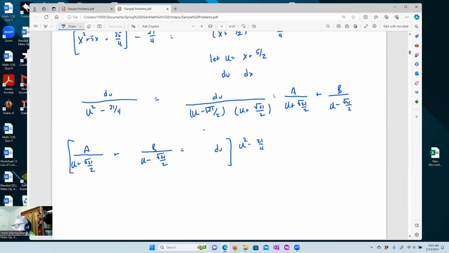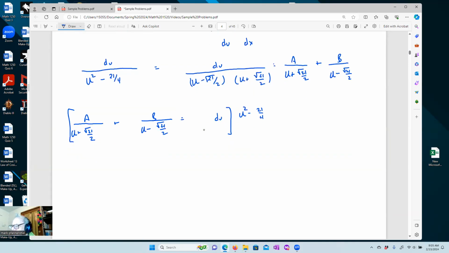That's going to clear out all of my fractions here. So what we're going to have is A times u minus the square root of 21 over 2, plus B times u plus the square root of 21 over 2, and this is just equal to du on the other side. I'm going to call it 1 du.